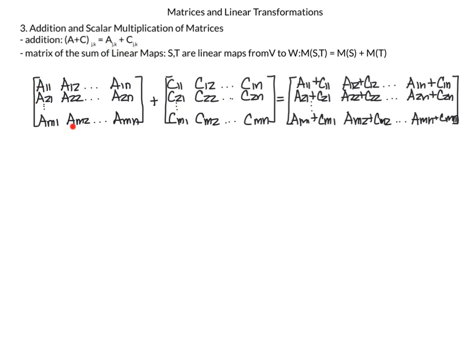So for example, if this represents our matrix A, so it has columns A11, A21 up to AM1, A12, A22 up to AM2, all the way up to the column A1n, A2n up to AMN, and we add that to our C matrix, so that's the matrix with column vectors C11, C21 up to CM1, the next column C12, C22 up to CM2, and our final column C1n, C2n up to CMN.